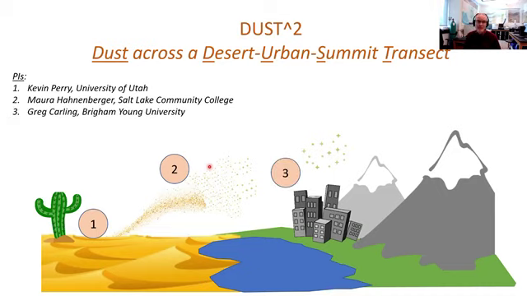Greg Carling at Brigham Young University in Provo, Utah, is working a lot on dust geochemistry and the effects of dust on stream water chemistry, particularly during the spring snowmelt pulse. Mackenzie Skiles, also at the University of Utah, is working primarily on dust on snow and modeling the effects on advancement of the spring hydrograph in response to the dust content of the snowpack.